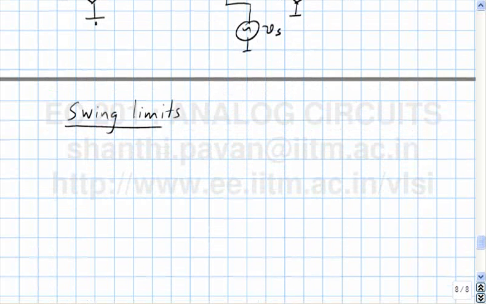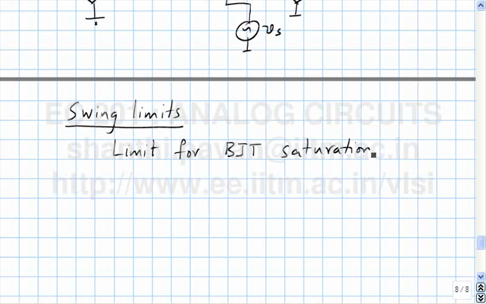And how will you find the swing limits? The limit for the BJT getting into the saturation region, and what is that?